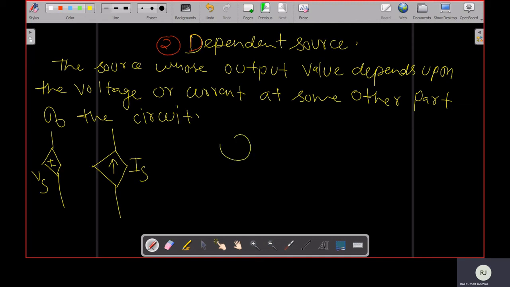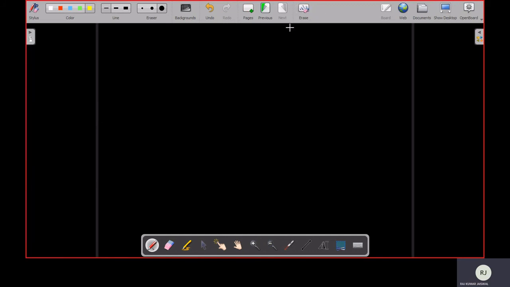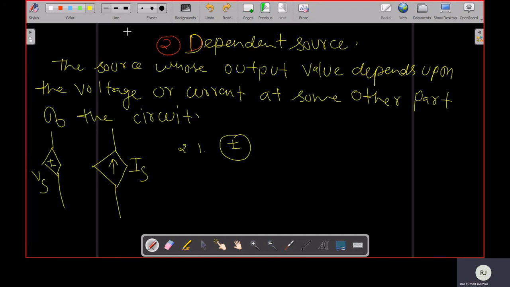Okay, for example, this is one circuit. Here we are going to see the dependent source, so you should not draw a circle, you should draw the diamond shape.